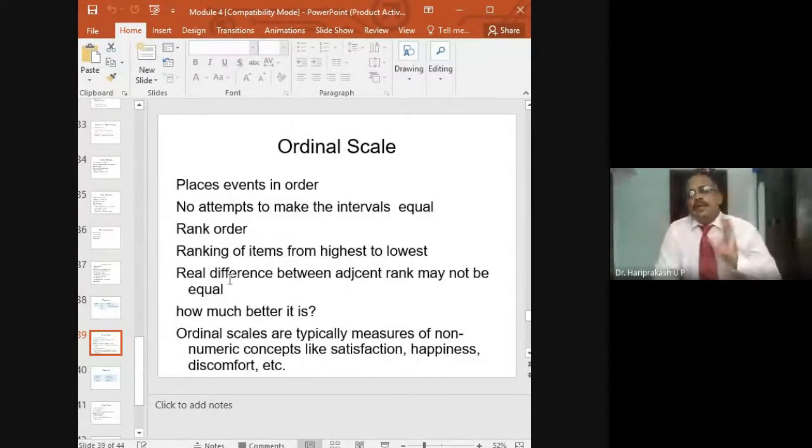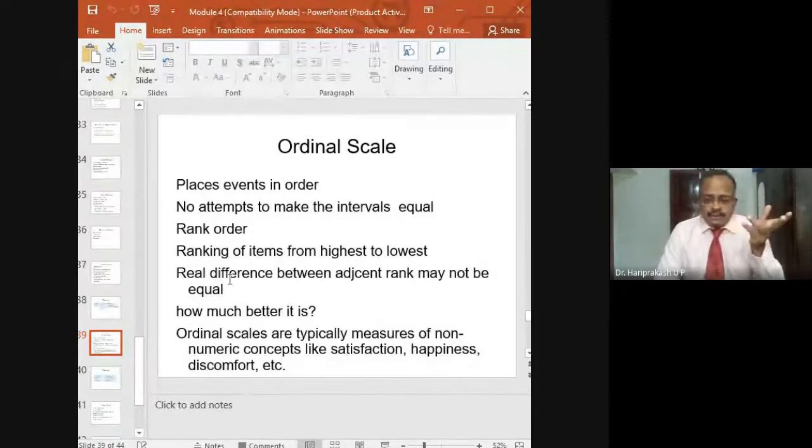So that is an ordinal scale. No attempts are made to make the intervals equal here. The intervals may not be equal. The difference between the first and second rank and the difference between the second and third rank may not be equal. You don't know. Say in academics, the person who scored the first rank and the second rank may differ by, just to take an example, 5 marks.